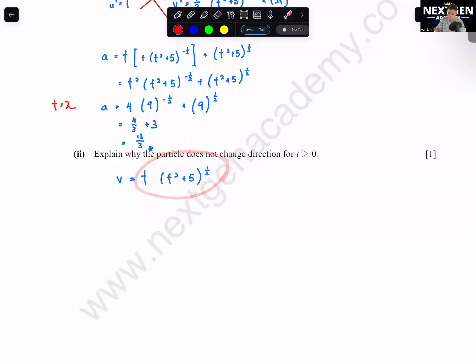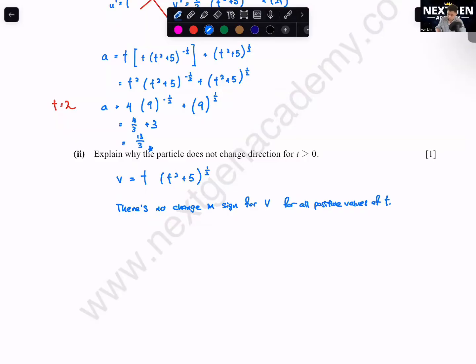Normally, the nature of the equation is that it will always be one direction only, and no change in sign. So you can write there's no change in sign for v, for all positive values of t. Then we can say therefore no change in direction.